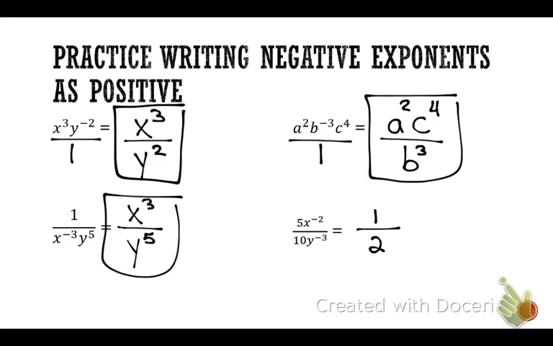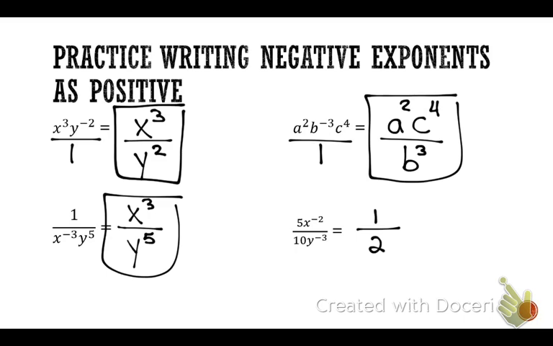Aaliyah, what do you think? How could I get X to the negative second power? How could I write that positive? Would it stay in the numerator? Where would it go? You just had it right on your paper on a different problem. Where do I need to put it?